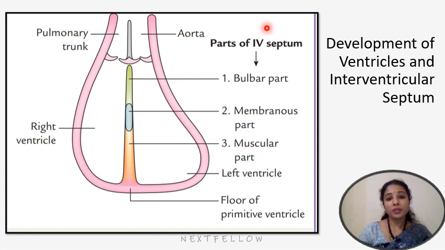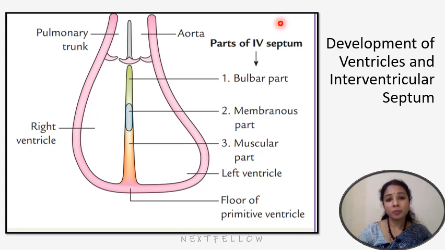The gap between them, the margins of the muscular septum and the lower margin of the bulbar septum, is called the interventricular foramen. Eventually a membranous part will develop, filling up this gap.